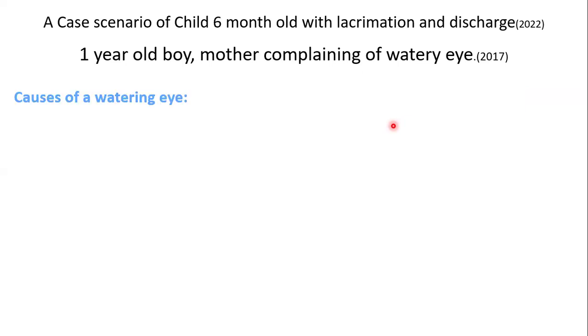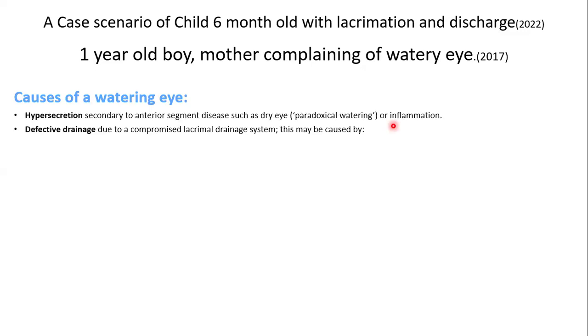So when we are dealing with a patient with a watery eye, we have two causes: whether hypersecretion or defective drainage. Hypersecretion will usually be due to any ocular surface disease, inflammation, or dry eye in adult patients, not in children usually.